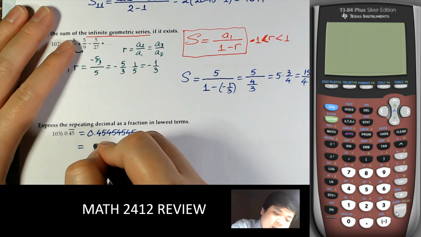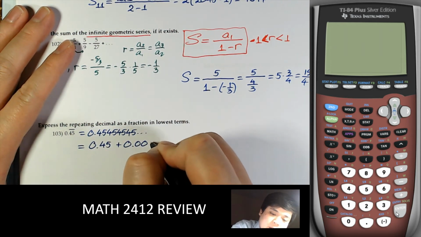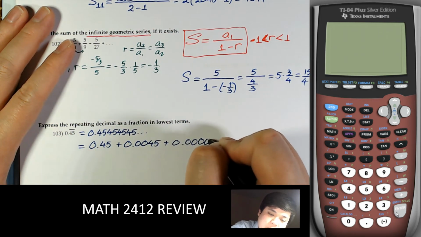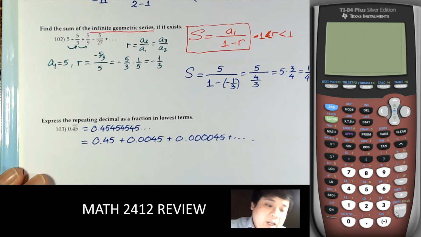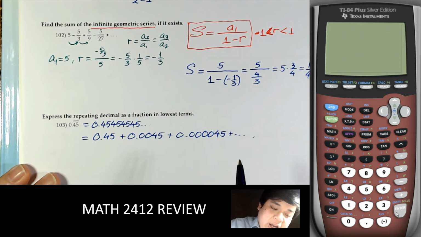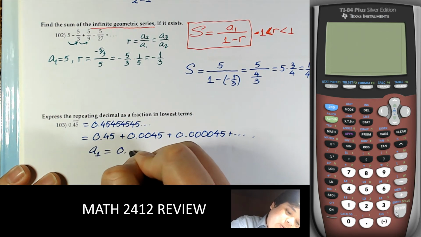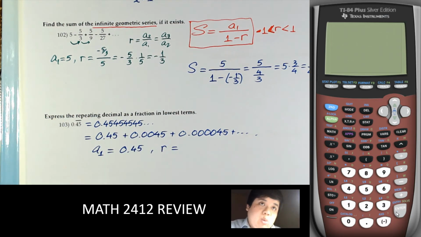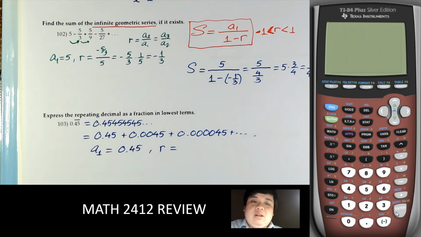We can write it as 0.45 plus 0.0045 plus 0.000045 plus, so it's like that. This is an infinite geometric series. The first term is 0.45, and the common ratio, we take this divided by the previous one.